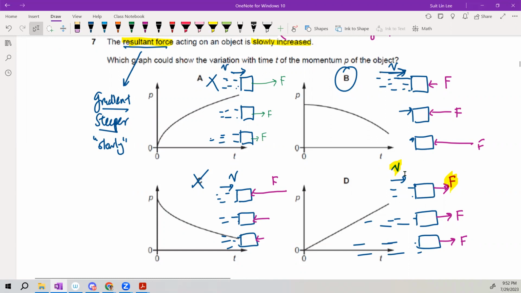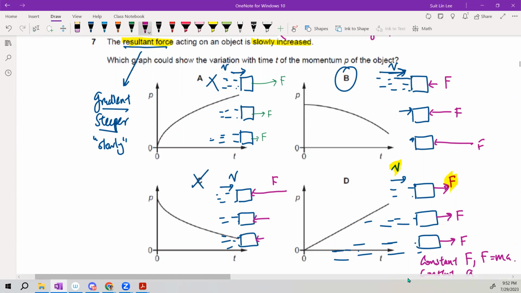So for example, in option D, the particle is just going to move faster and faster at constant acceleration. So for this one, you can see constant F, constant a, because F equals ma, question mark. We'll talk about this a bit later. And then for all of the other cases, the force keeps changing, so the gradient has to change.